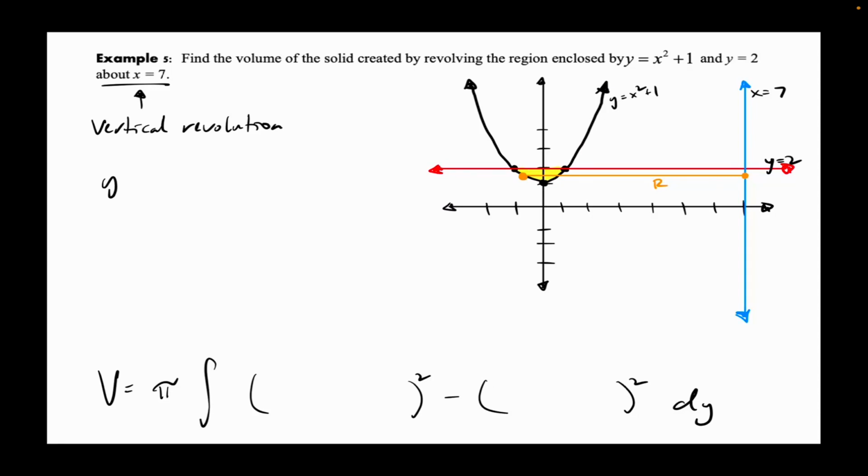Oops, not y squared. X squared plus 1. So I'm going to subtract 1 from both sides. Then I take the square root of both sides.